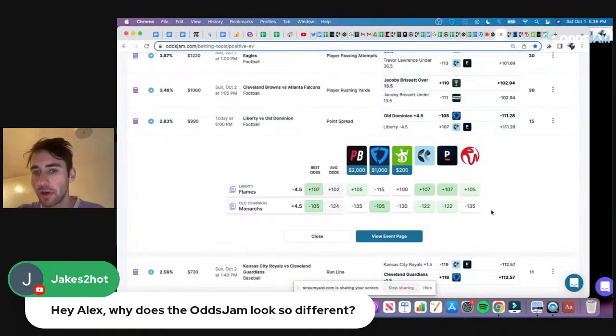Every sportsbook has different odds. So what you can do is ruthlessly compare lines between bookmakers for those few rare betting opportunities where you're actually beating the vig. In ODU plus 4.5, that's just an incredible bet. Minus 135, minus 130, minus 122. We're getting minus 105, no brainer.